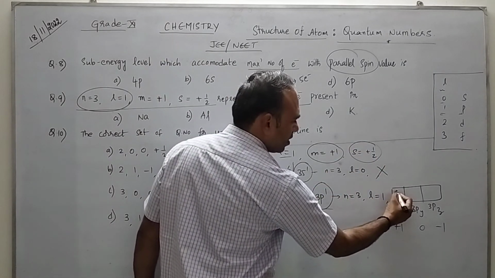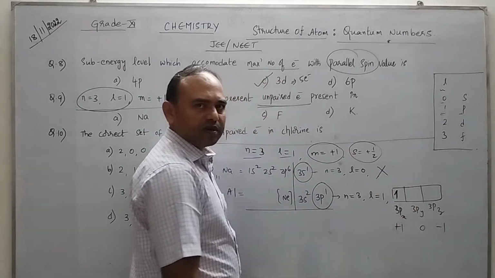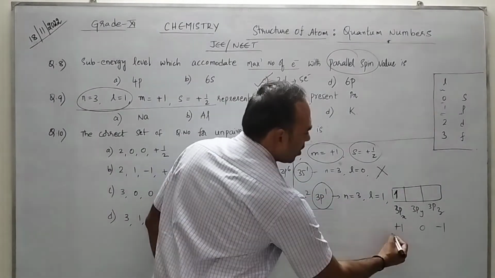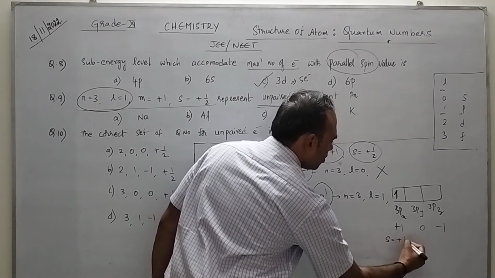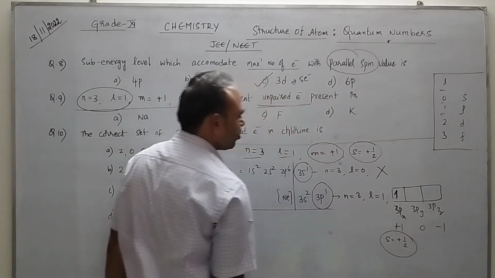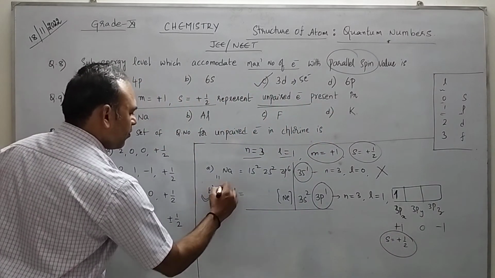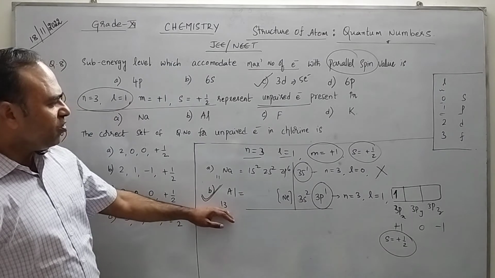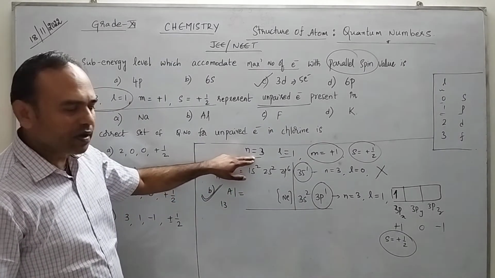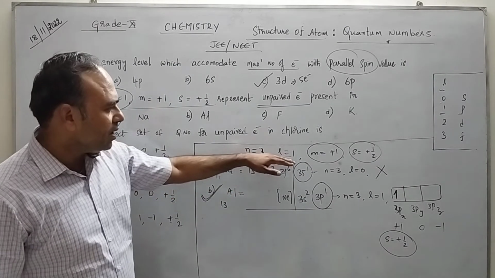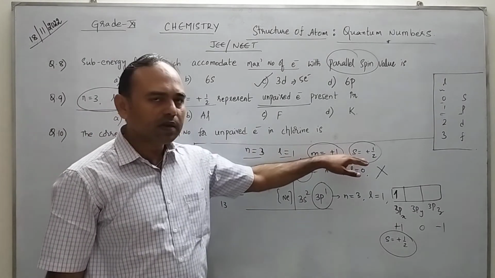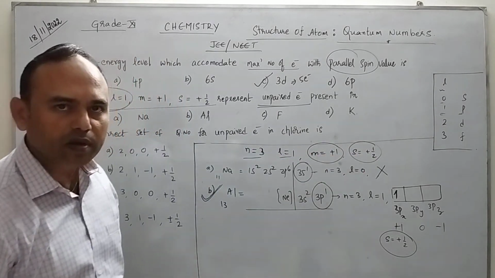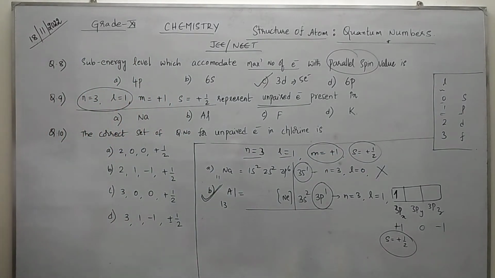As you are aware, if the arrow mark is represented in the upward direction, it is nothing but clockwise spin and s is equal to plus half. So the valence electron of aluminium will represent these quantum numbers: n is equal to 3, l is 1, m is plus 1 and s is plus half. Hope you are able to understand this.